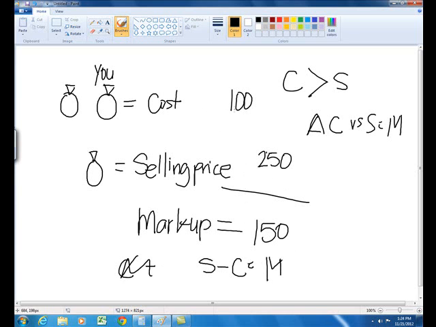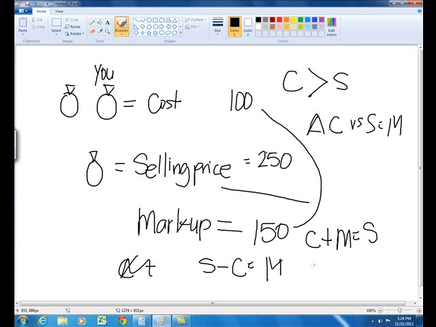We started with our cost, we determined our selling price. When I get the difference by subtracting my cost from my selling price, it gives me my markup amount. I can also take my cost, add my markup amount to it, and it's going to equal my selling price.